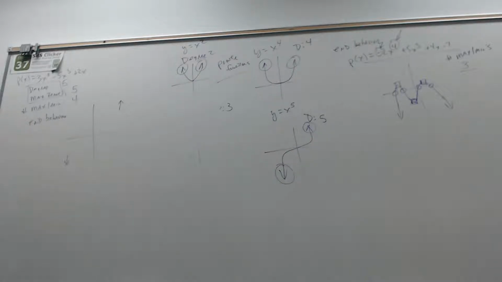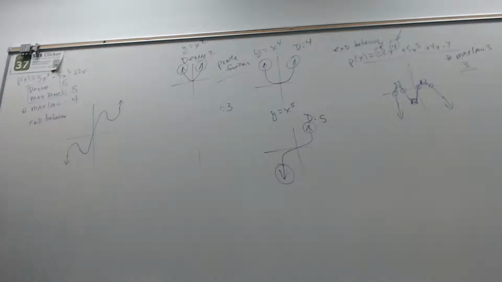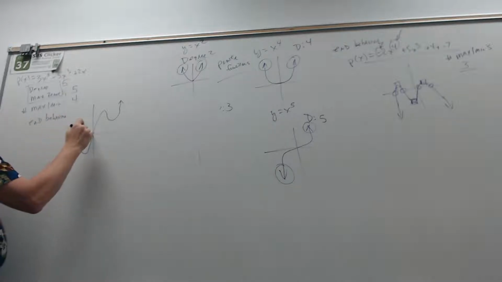So for example, let's pretend this has 4 maximums and mins. So I'm going to go 1, 2, 3, 4. Okay, how many zeros do I have? 1. I've only got 1 right there.